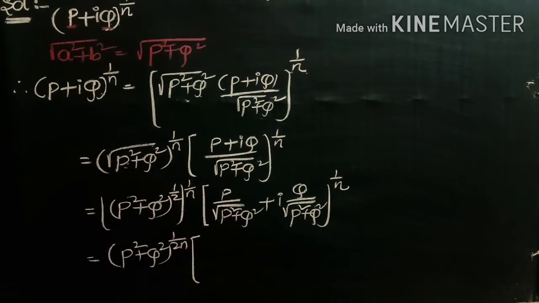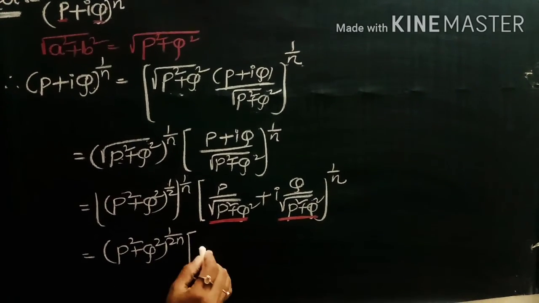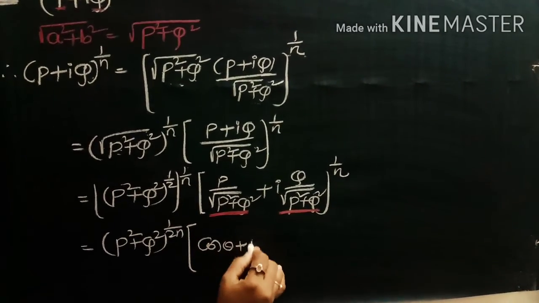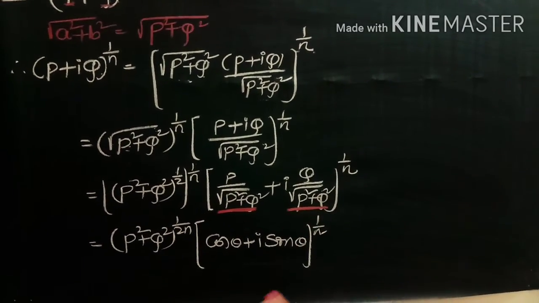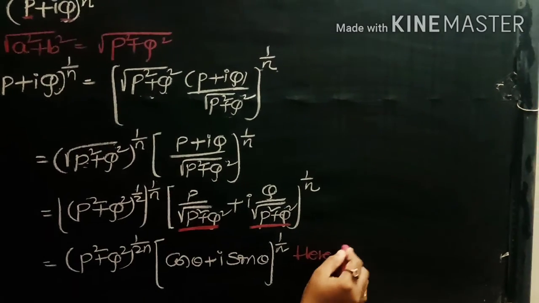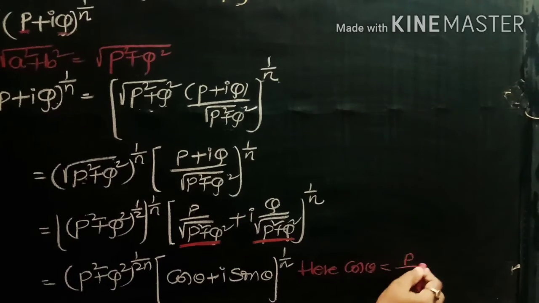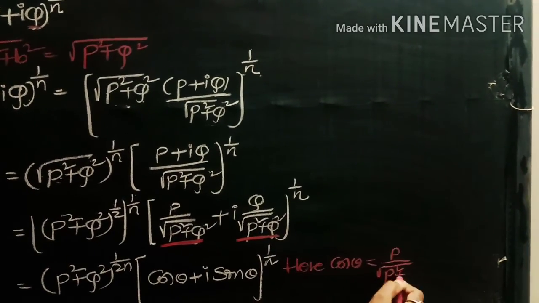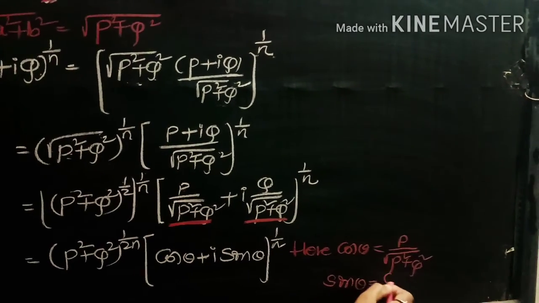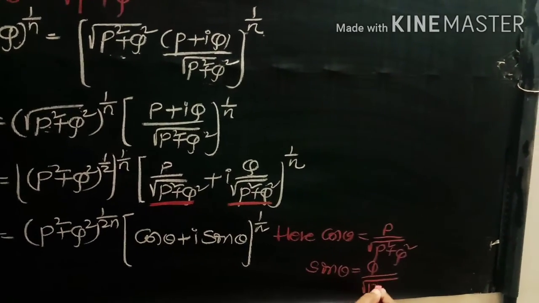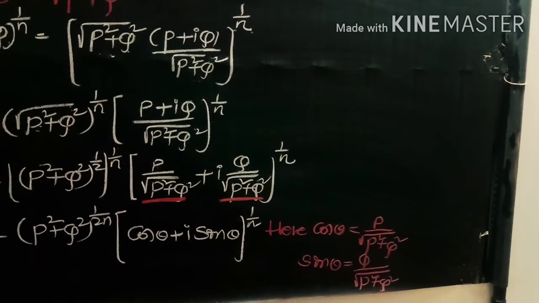Now here we take the first term as cos θ and the second term as sin θ, that is (cos θ + i sin θ)^(1/n), where cos θ = p/√(p² + q²) and sin θ = q/√(p² + q²).